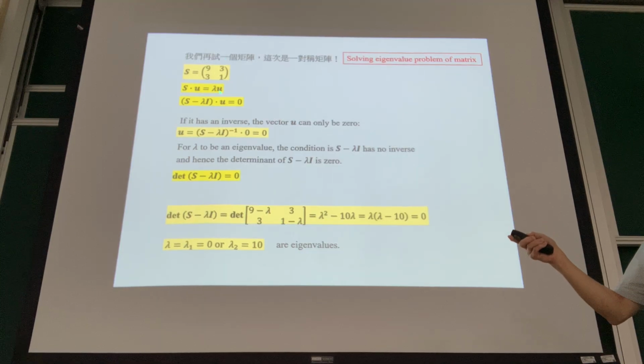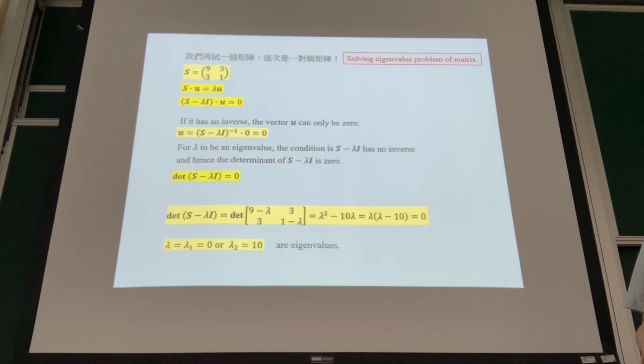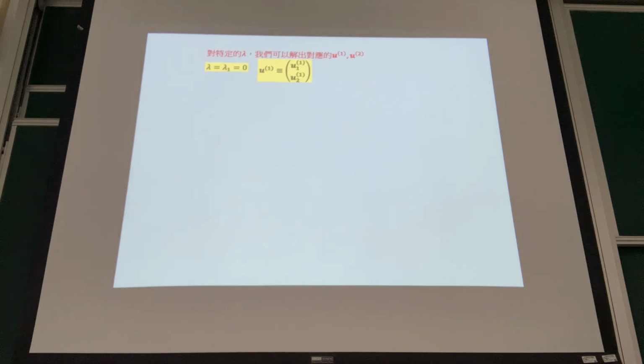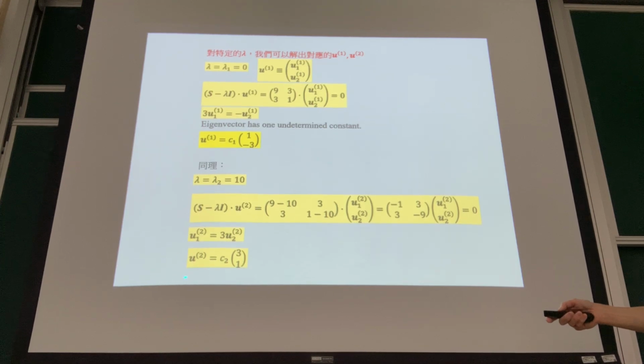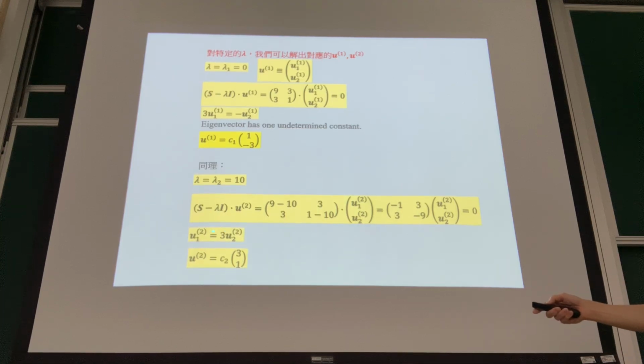So observe that it is symmetric. Using the same procedure, I got lambda 1 equal to 0, and lambda 2 equal to 10. These are the two eigenvalues. And I can keep on using exactly the same procedure to find the first eigenvector and the second eigenvector. It is 1, minus 3, and 3, 1.